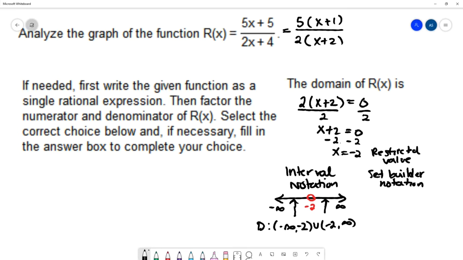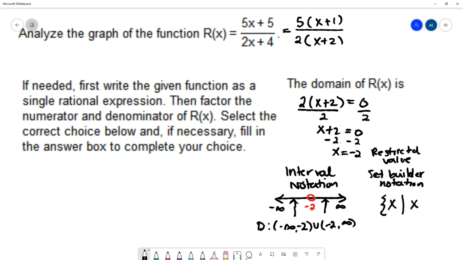Now with set builder notation, we write curly braces to indicate that we're talking about a set of numbers. And our domain is a set of x values. And those x values can be any real number except for -2. So we write this vertical bar. This vertical bar, we say it as "such that", but behind the vertical bar are any conditions that we put on the numbers in the set.